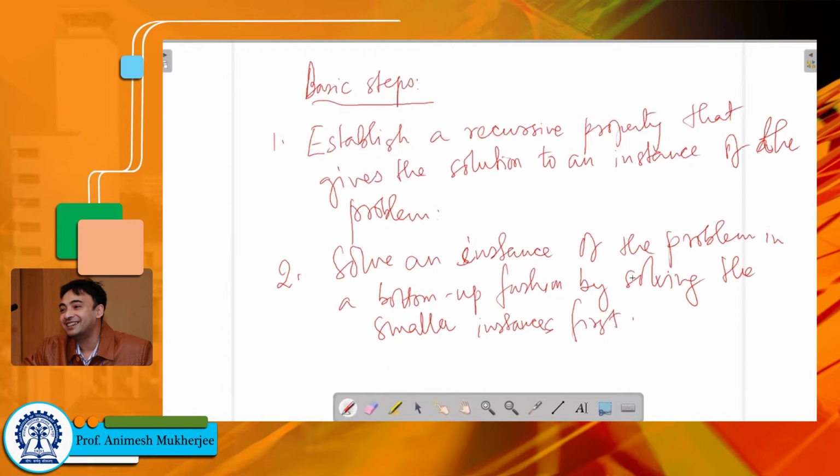These are the two basic steps that any dynamic programming technique would always involve.